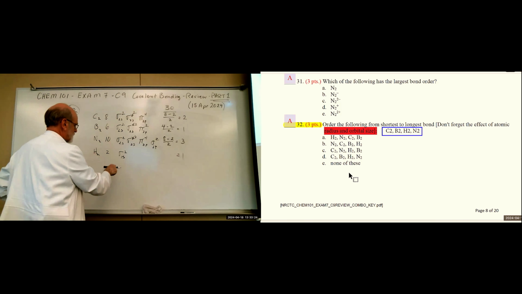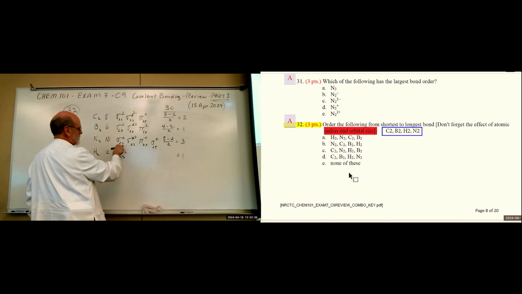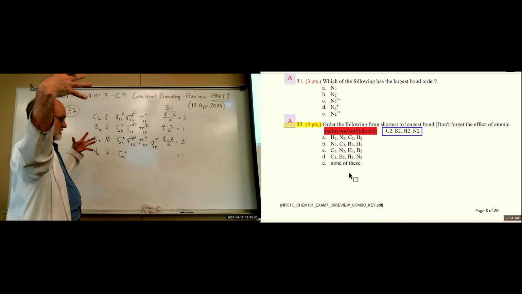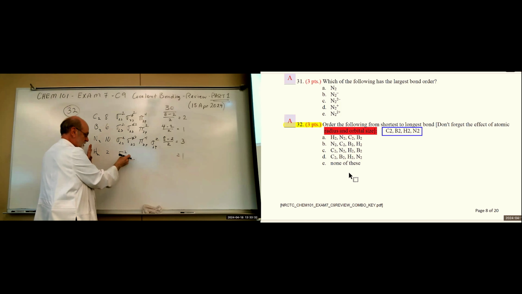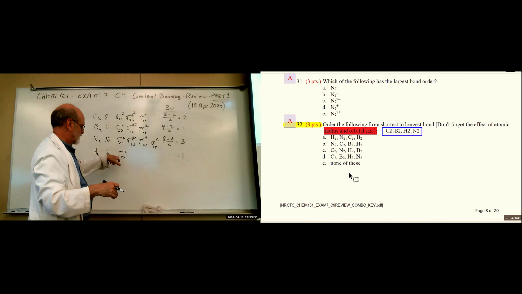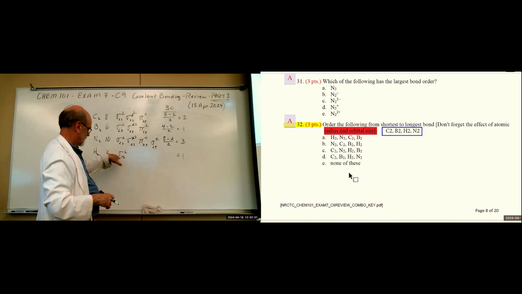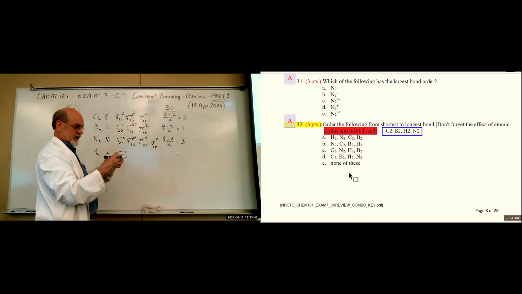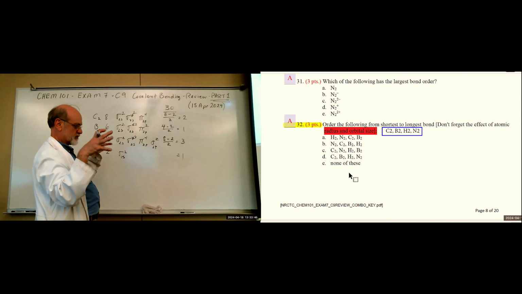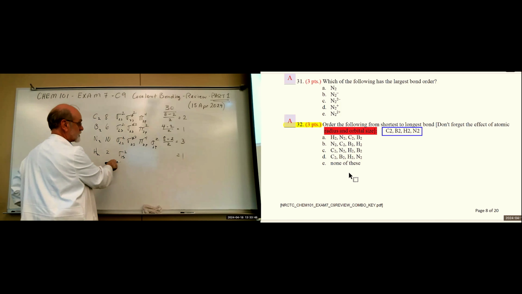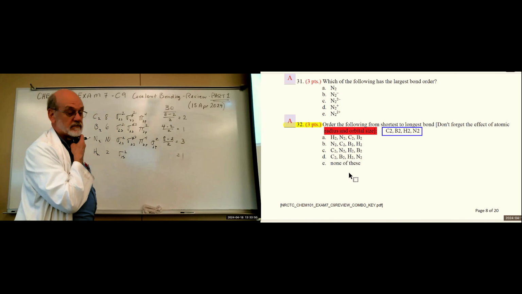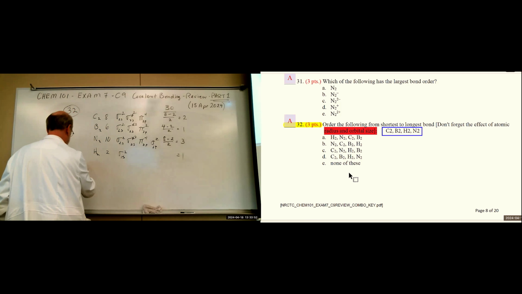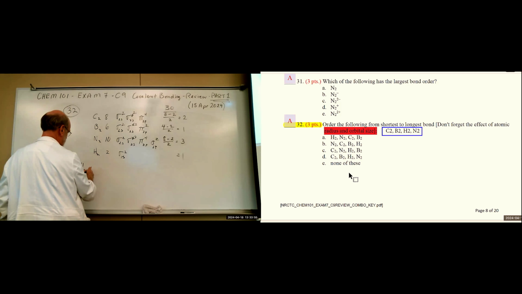But notice these are using second period orbitals. They're bigger. And this one is only using first order, 1s orbitals. So these protons are going to be closer together because the orbitals are smaller. Right? So this one is going to be the shortest one. Dihydrogen will be the shortest bond. Right?